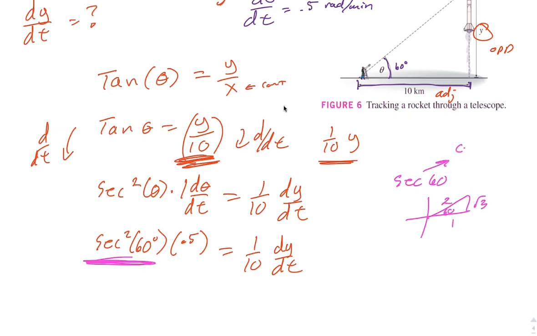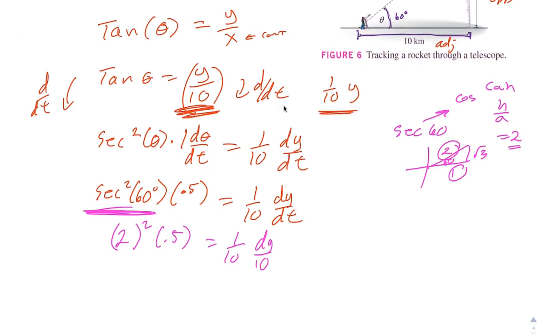Secant's the opposite of cosine, so not TOA. So we're going to have the reciprocal of that: hypotenuse over adjacent, or just 2. Don't forget it's squared, so it's 2 squared times 0.5 equals 1 over 10 dy dt. So I just get 4 times 0.5, which is 2, equals 1 over 10 dy dt.